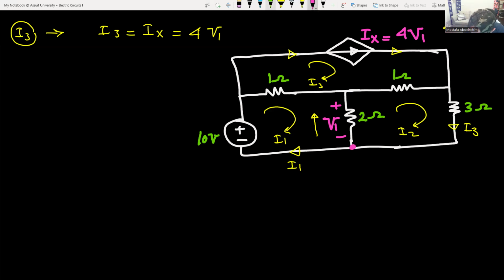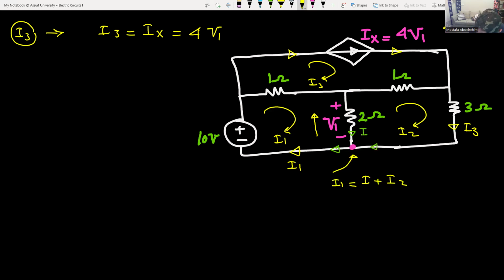In that node here, I1 is going out, I2 is going in, and let's call the current I, for example, going downward. So at that node, the current going out, which is I1, is equal to the summation of the currents going in, which is I plus I2.